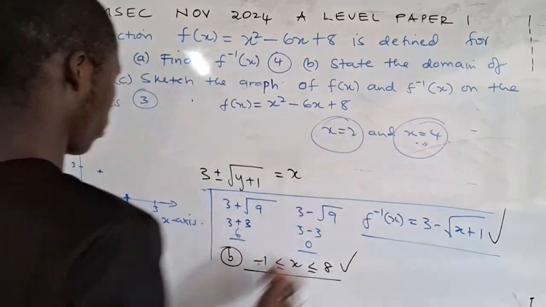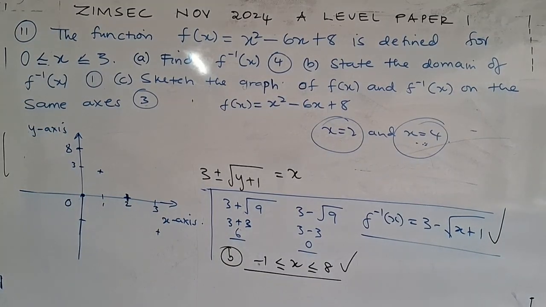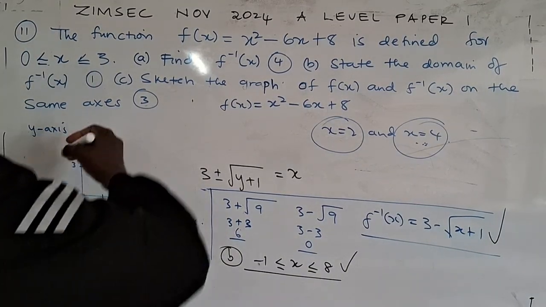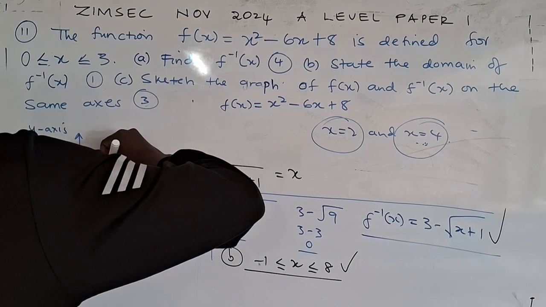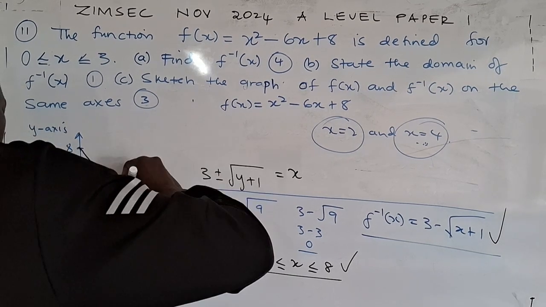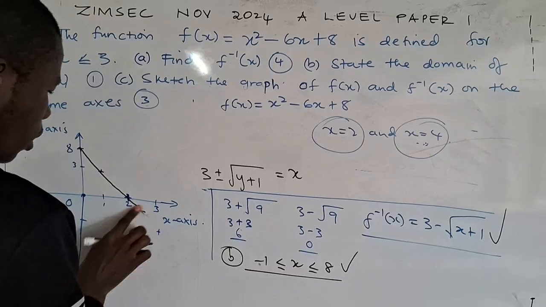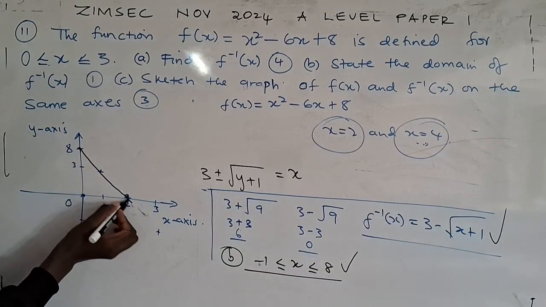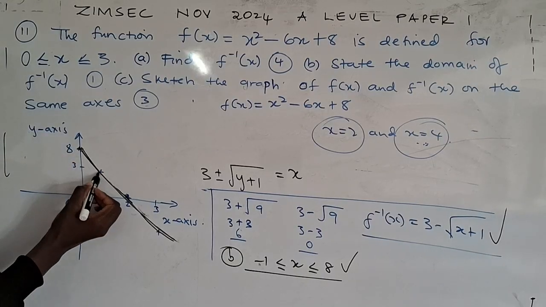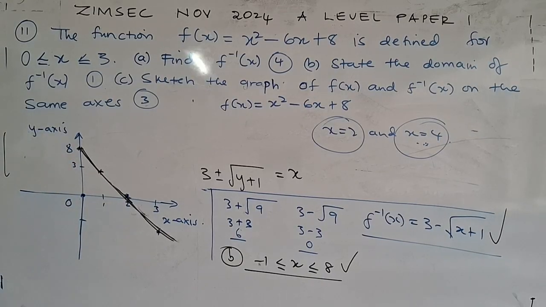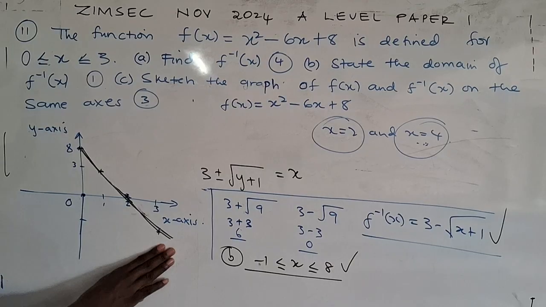Now I'm going to draw the graph. It's not a straight line, it's a curve, from this point, this point, this point, this point. This is my graph.